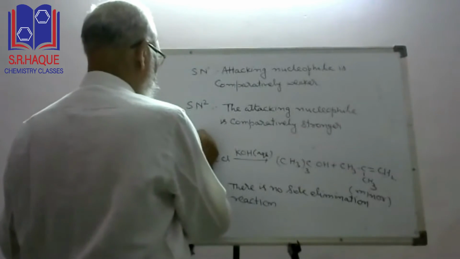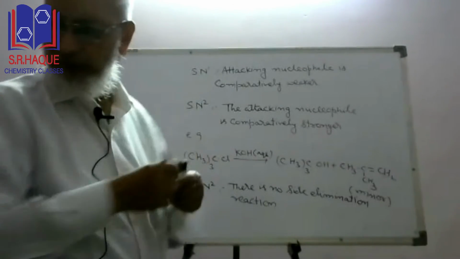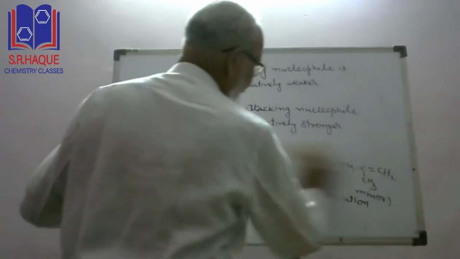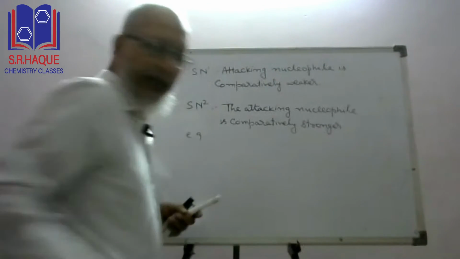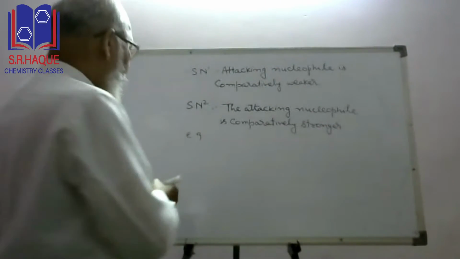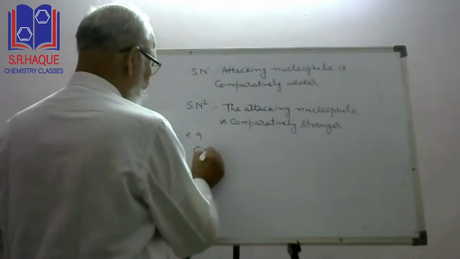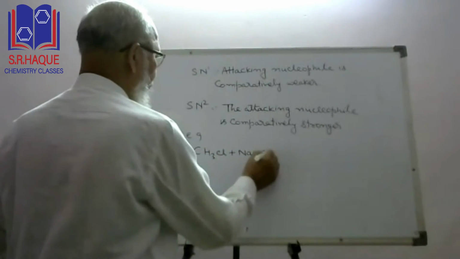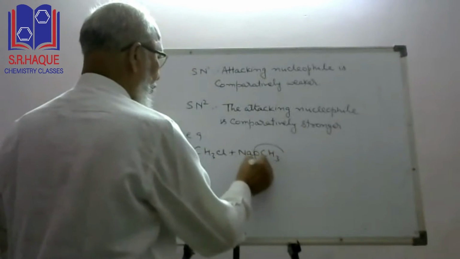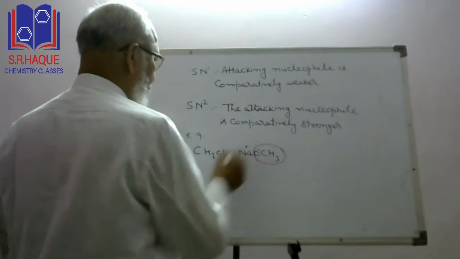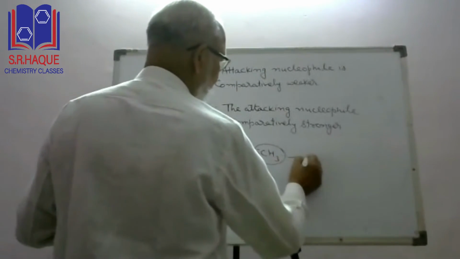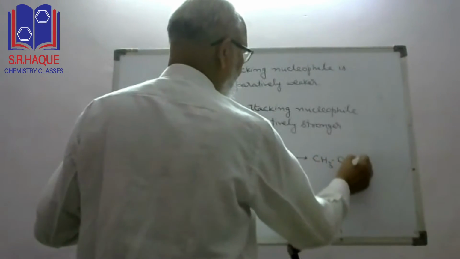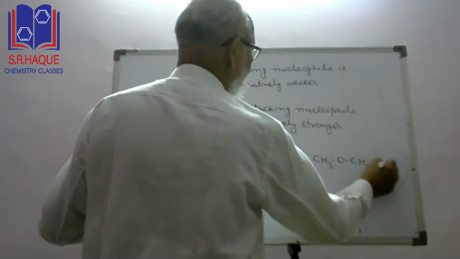For example, consider the reaction of the alkyl halide CH3Cl plus NaOCH3. Here this is your nucleophile, OCH3 minus. It replaces Cl minus, forming CH3OCH3 plus NaCl.